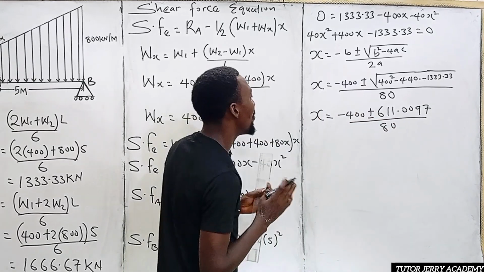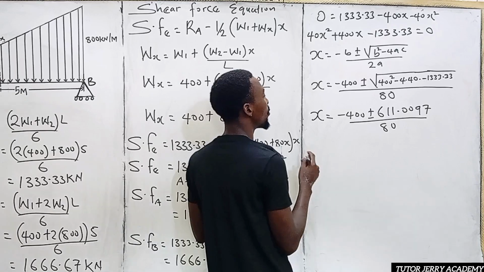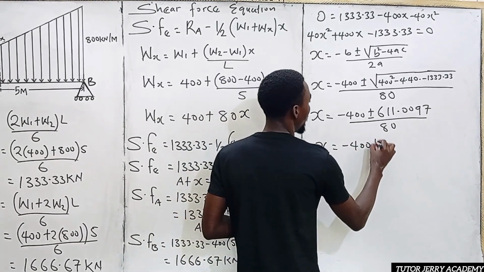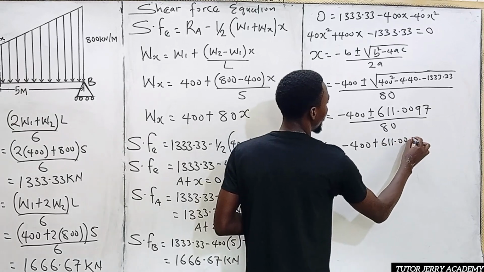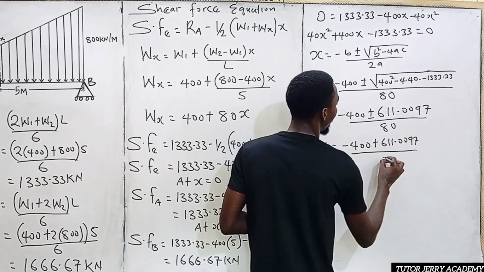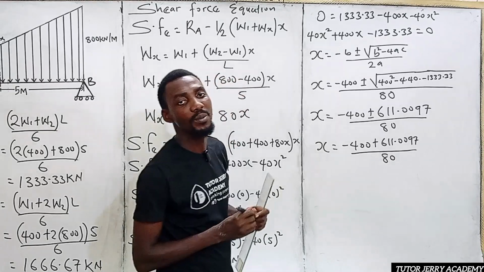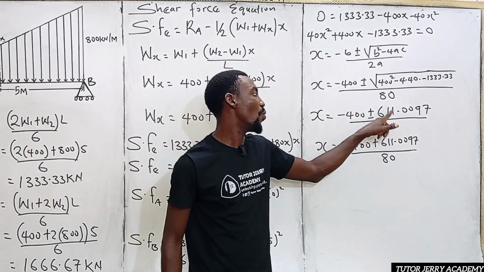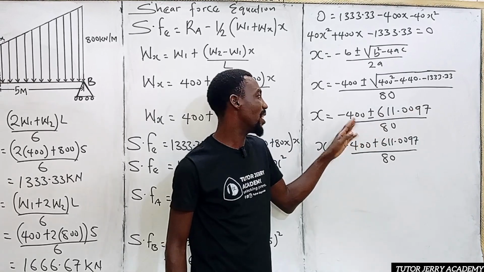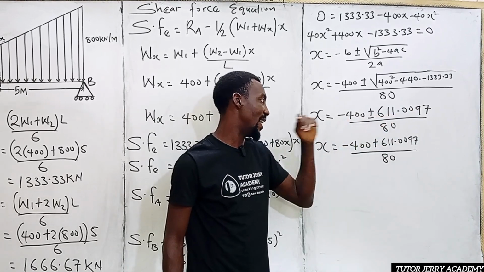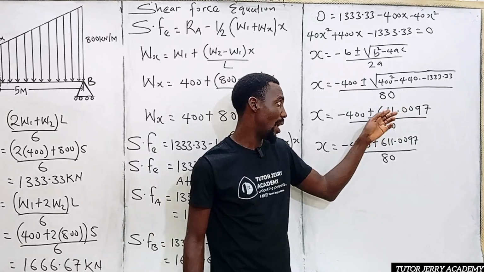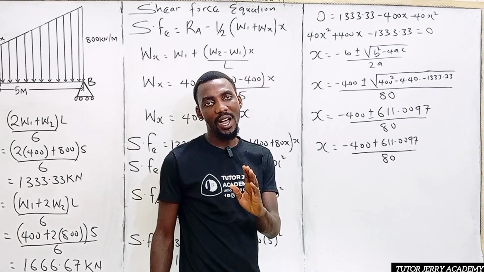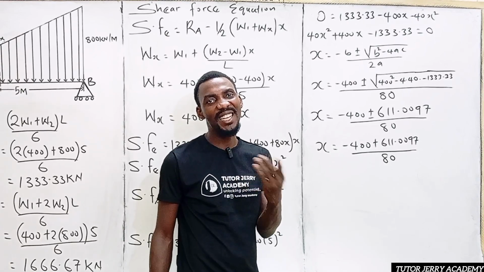So our value for S will be equal to minus 400 plus 611.0097, divided by 80. I'm not going to consider the second value, minus 400 minus 611.0097, because if you take that and divide by 80, you are going to have a negative answer.